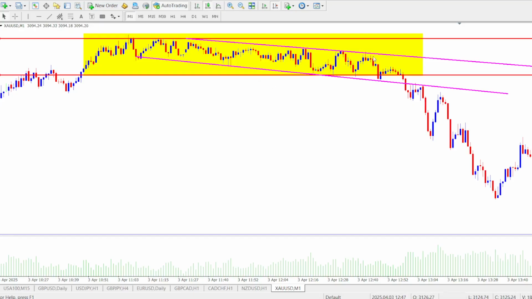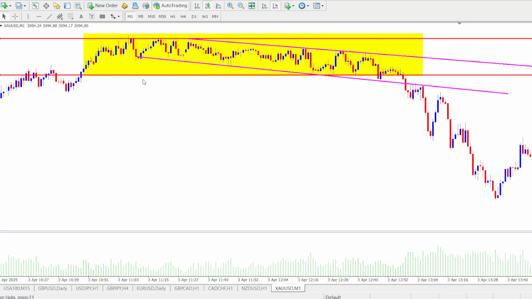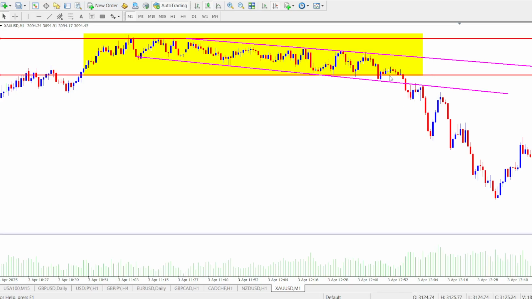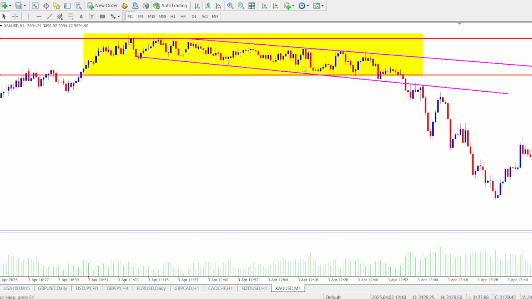So in this particular example, you can see that price was consolidating within this zone, although there was a sort of downward slope at some point, but then eventually we had a breakout both from the horizontal level and from the downward trend line. We had a breakout around this zone because a breakout happens when price moves away from a support or resistance.